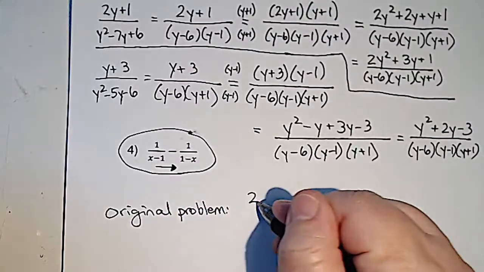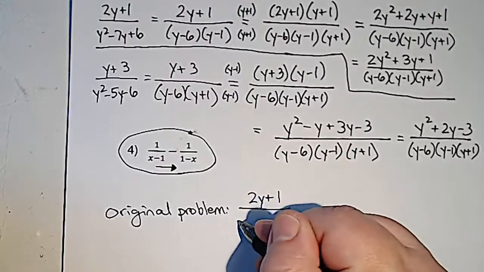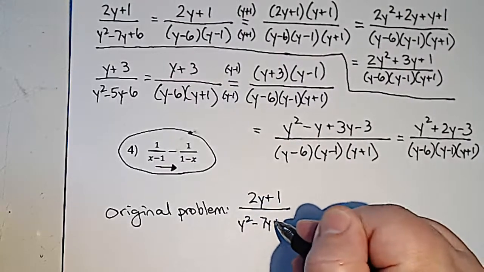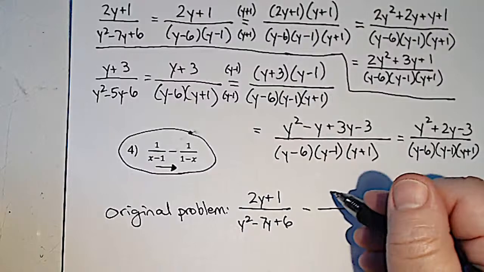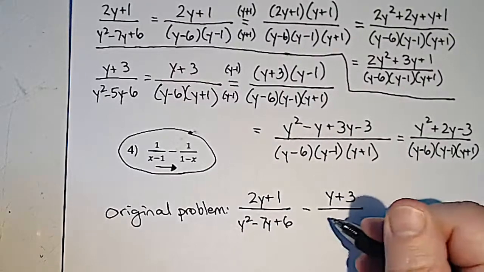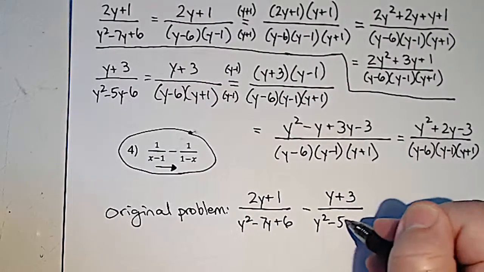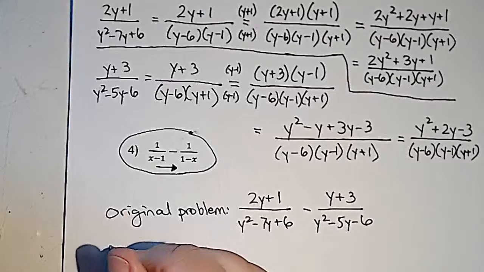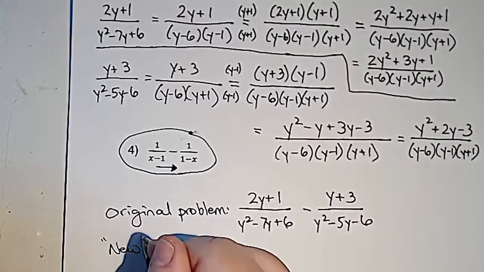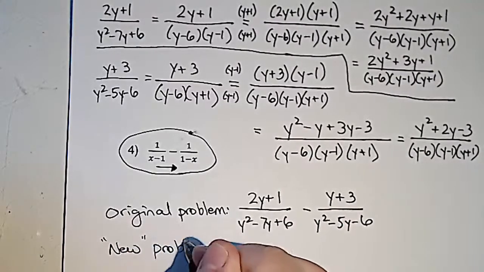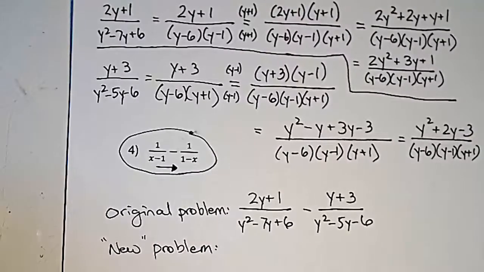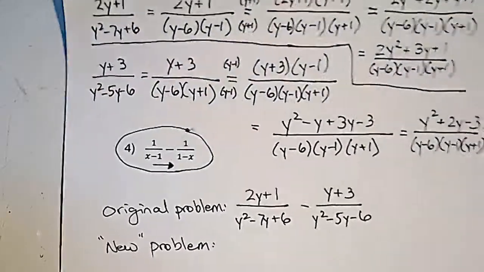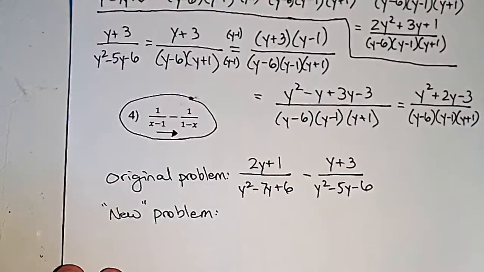The original problem was 2y plus 1 all over y squared minus 7y plus 6, minus y plus 3 all over y squared minus 5y minus 6. So the new problem, which, let's be honest, is not new, it's just the old problem wearing new pants.